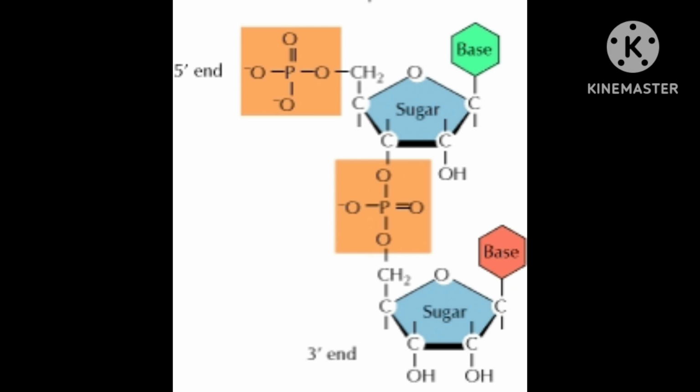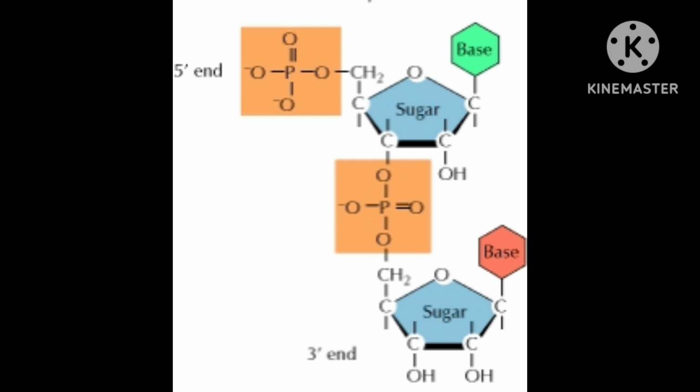Nucleic acids have a secondary structure also. There were two scientists, James Watson and Francis Crick. You remember the names of the scientists, James Watson and Francis Crick. Both scientists gave a double strand helix structure.